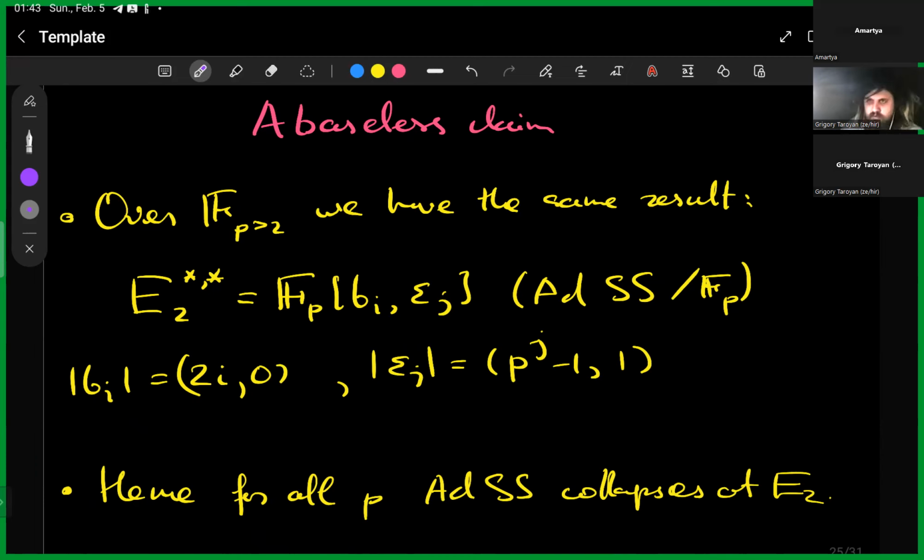You have to consider super algebras instead of just regular commutative algebras, but it is still not very challenging. And using similar arguments, we see that for p greater than 2, we also have an isomorphism between the second page and a ring of polynomials with generators with similar bidegrees. And in particular, they are also concentrated in even degrees, meaning that the spectral sequence also collapses.